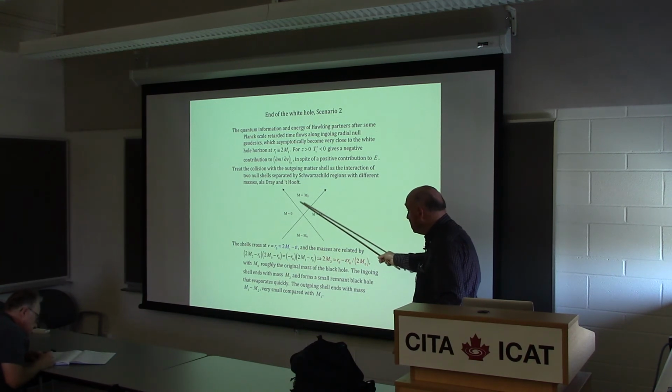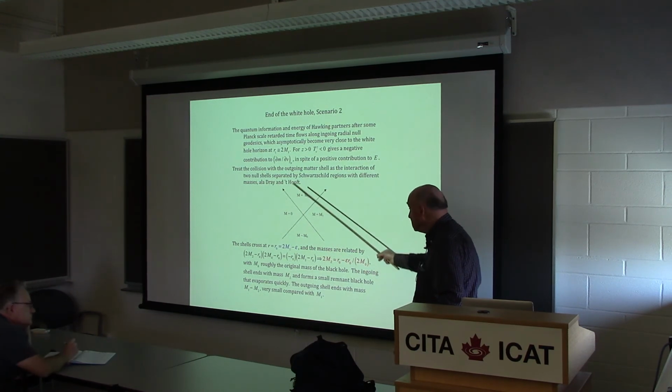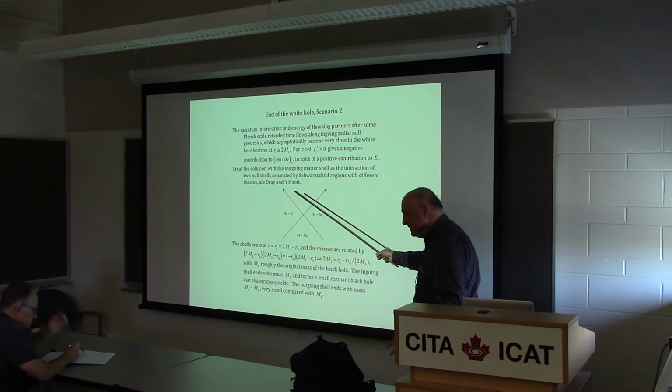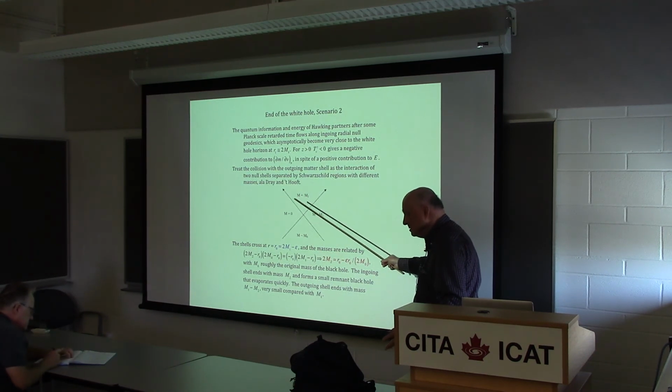Now that means you have an ingoing shell with a positive mass, right? Because 0 inside. And you assume these are just Schwarzschild geometries here. And so you have a positive mass shell going in. Well, that's going to form a black hole, right? And it's already essentially on the verge of forming a black hole right from the beginning. But it's a Planck scale black hole.